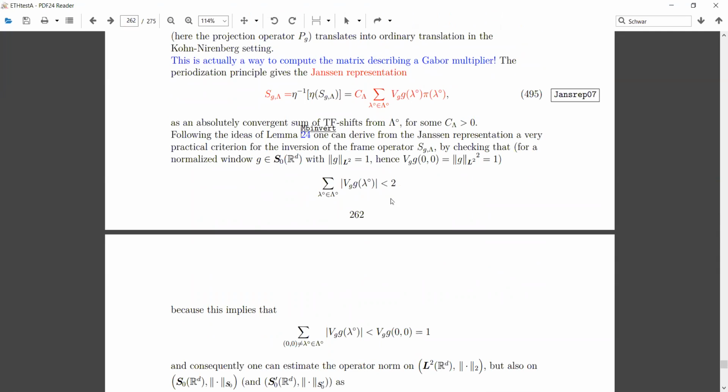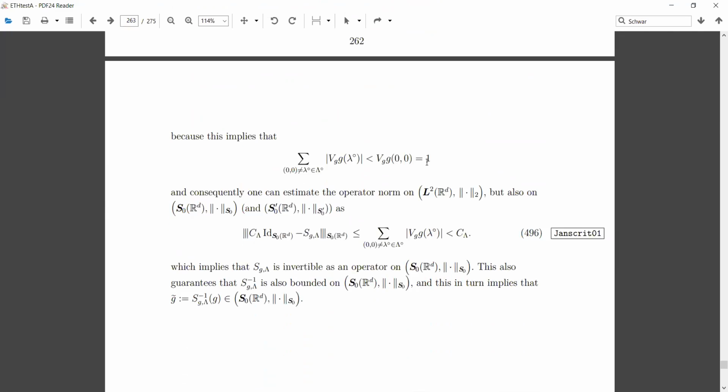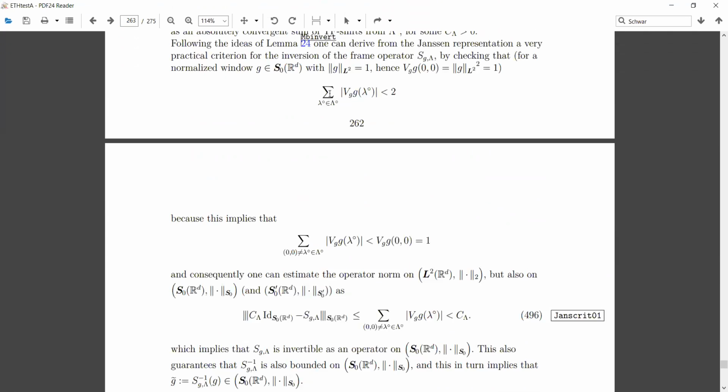I would say, well, if the sum of these values is less than 2, then we're fine. Well, why is this true? Because due to our normalization, the V_g g at 0, 0, I mentioned already, is just the norm of g squared, which is 1. So if the total sum of all these absolute values is less than 2, it means the non-zero terms are at most like this.